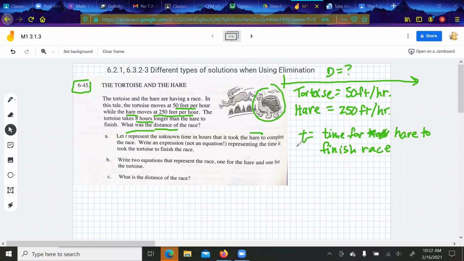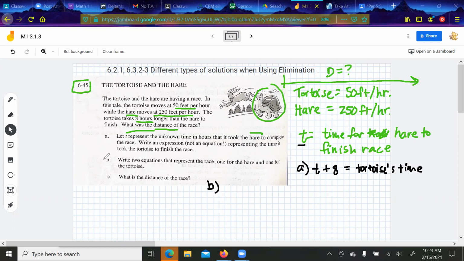If he took 8 hours longer than this time, how do you write that? T plus 8, right? Equals the tortoise's time, because T is the time of the hare. So T plus 8 is the tortoise's time. Okay, that's the expression. So that is the answer to part A.